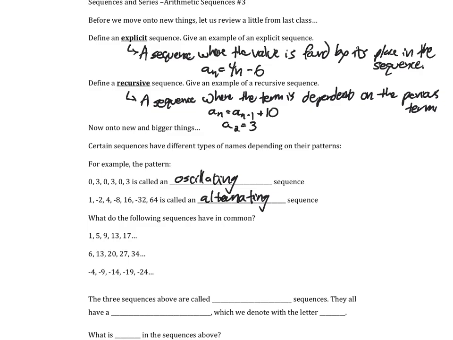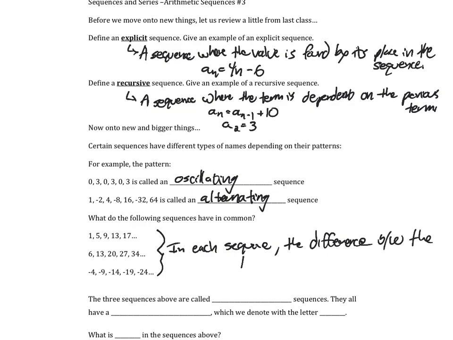So what I would notice about this is that in each sequence, the difference between the terms is the same. Now, not to say each sequence increases or decreases by the same amount, but within each sequence, to get to the next term, you would increase by the same amount each time.